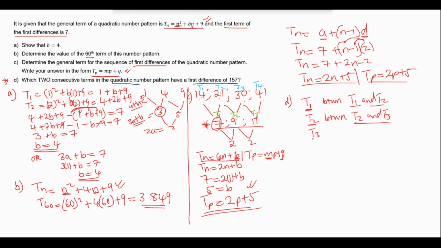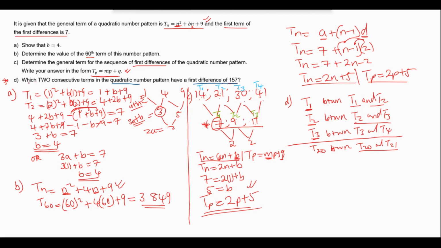T3 of the first differences is between T3 and T4 of the quadratic sequence. Let me give you an example: T20 of the first differences is between T20 and T21 of the quadratic sequence.